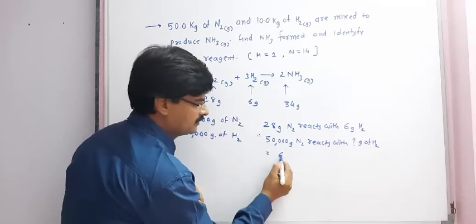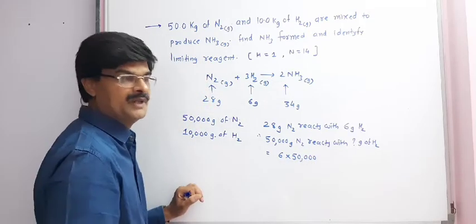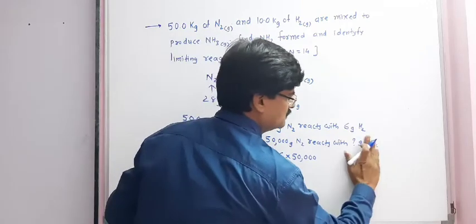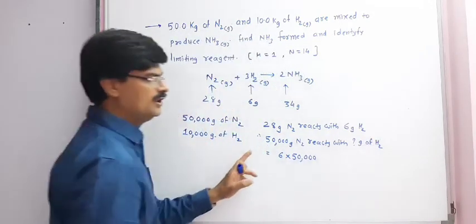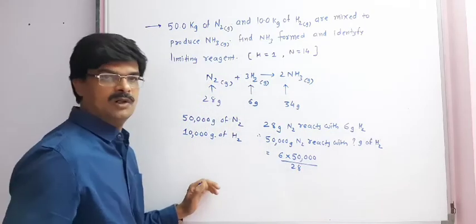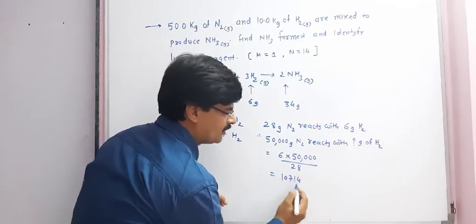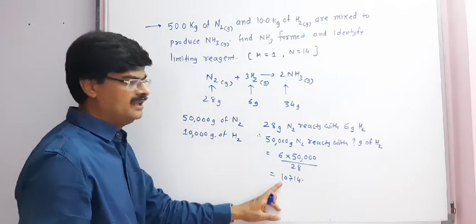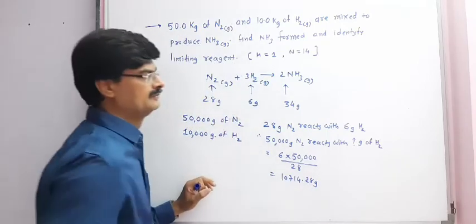Therefore, 6 into 50,000 divided by 28. On cancellation, we will get approximate answer 10,714.28 gram.